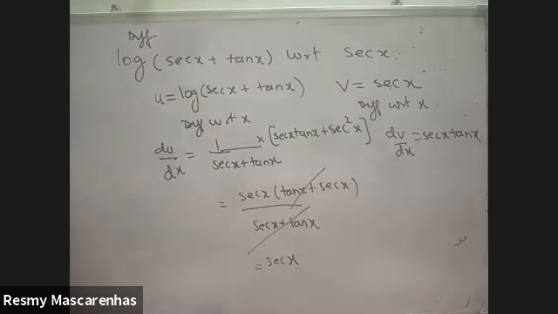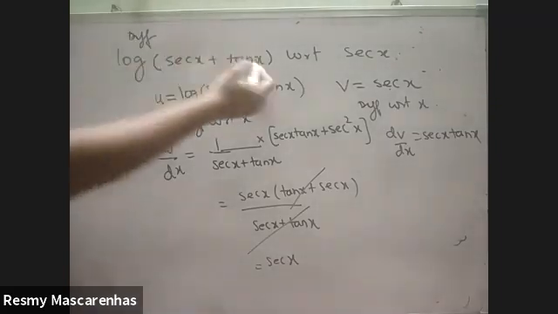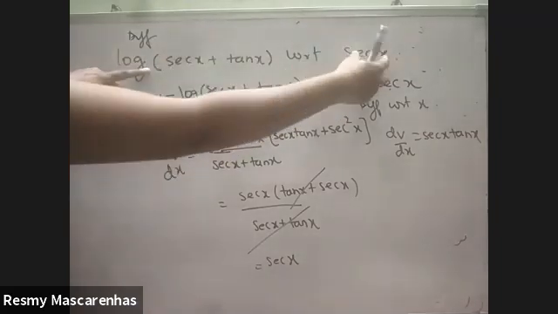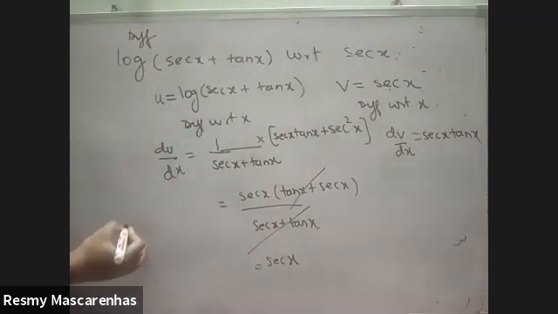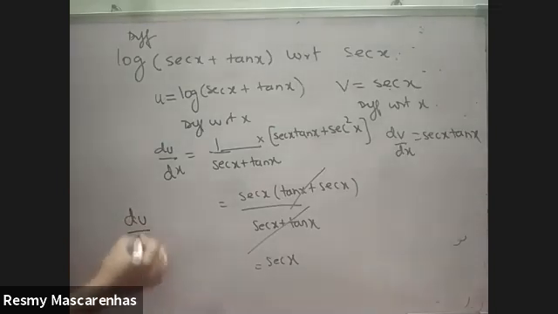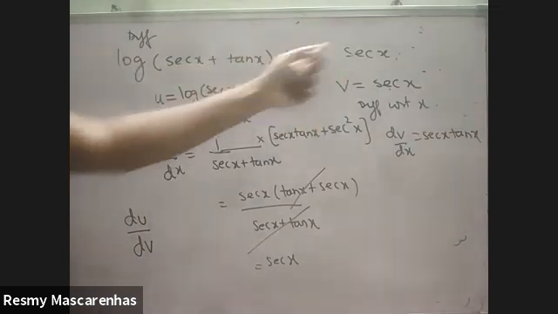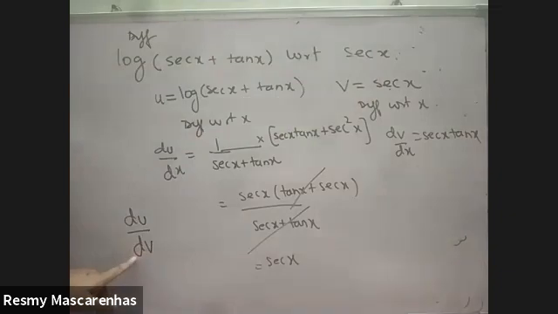And now, with respect to x, don't do second upon first term. With respect to x means this will always go to the denominator. So you have to find du upon dv, not dv by du. First upon second here now, because with respect to will always go to the denominator.